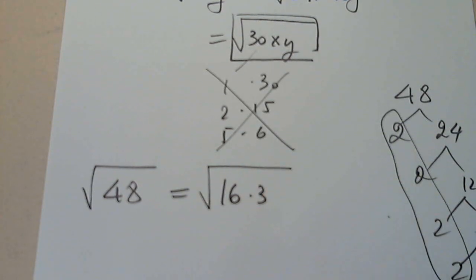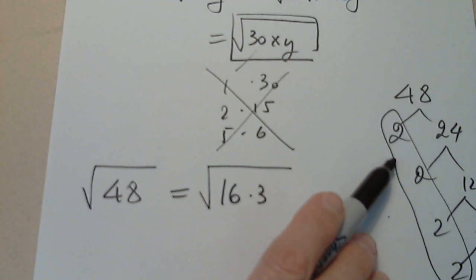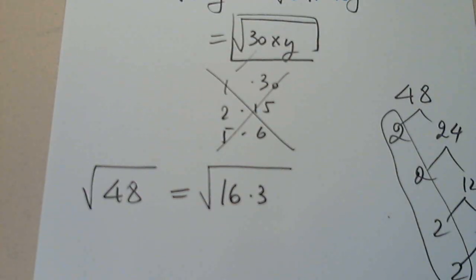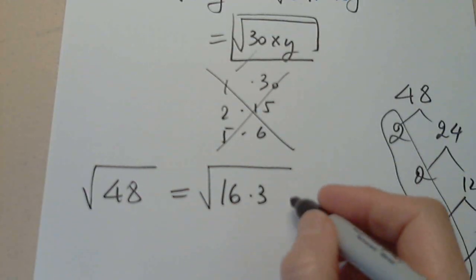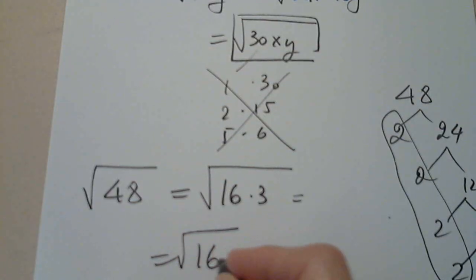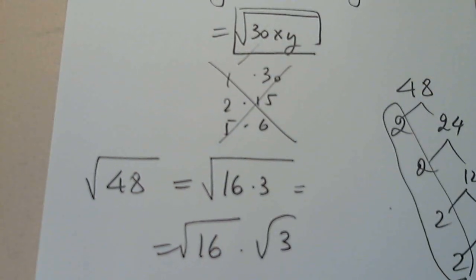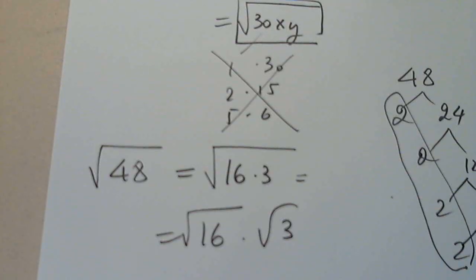Why didn't I write 8 times 6? No, because 16 is a perfect square. So then I will rewrite it as the square root of 16 times the square root of 3. I can take the square root of 16, and what do I get?